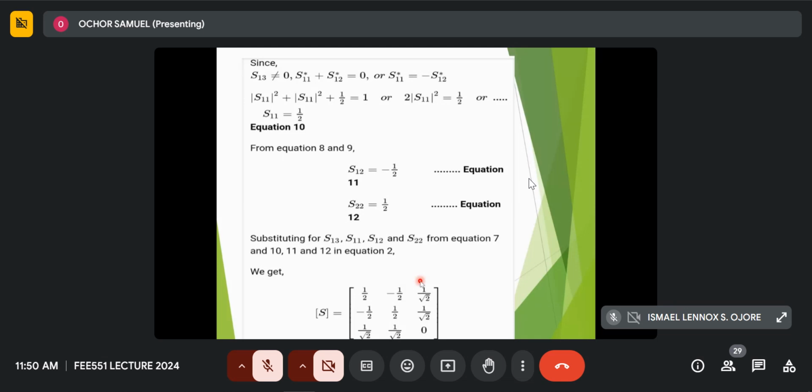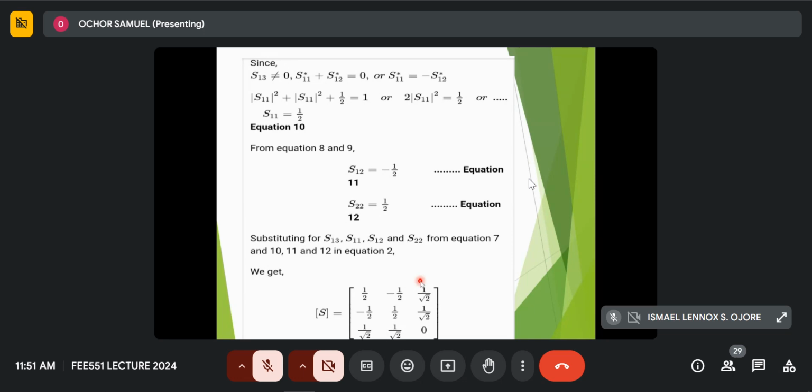Next. Okay, that's equation 10, the one that is giving the exact value of S11, having worked out these equations up there. So from equation 8, we can get the exact value of S12 as negative 1 over 2.